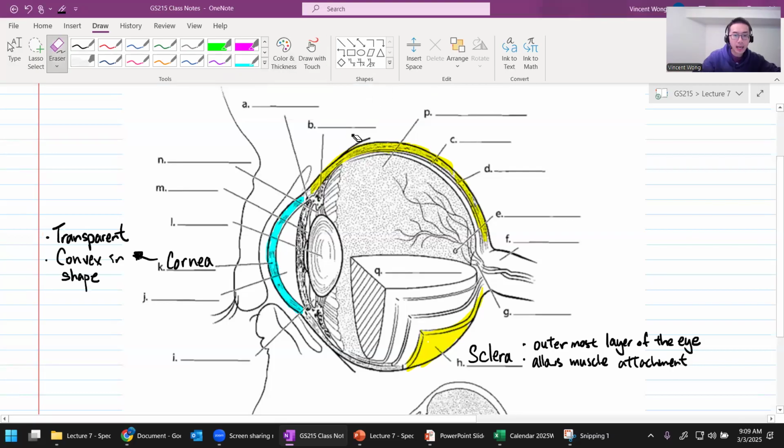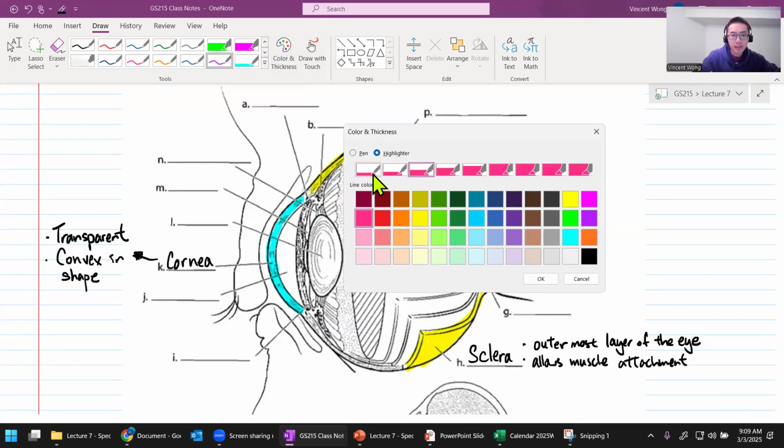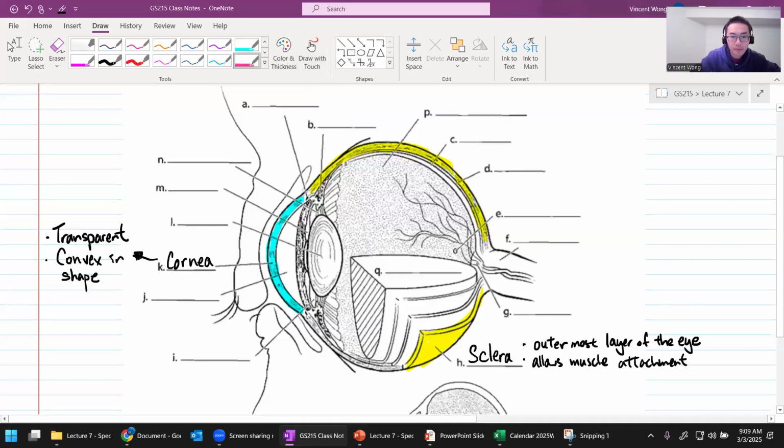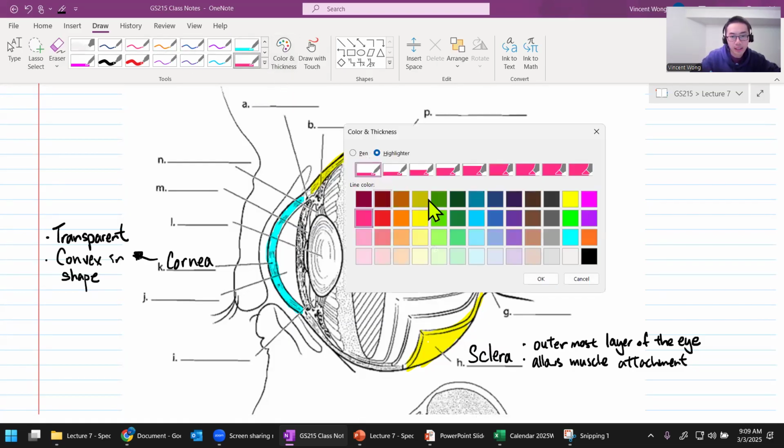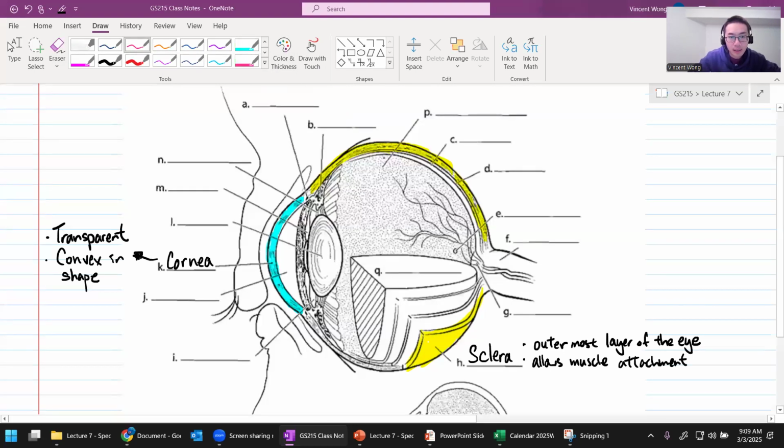Let's take a look at our second layer. Second layer is right here. It's a little bit harder to color. I don't even know if I can color it. Okay, I'm just gonna draw over it a little bit right here.